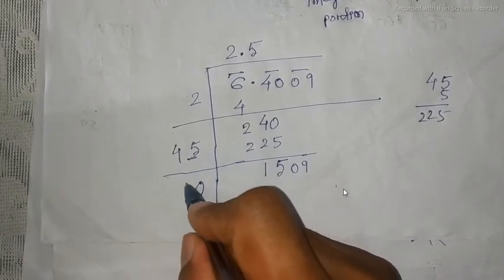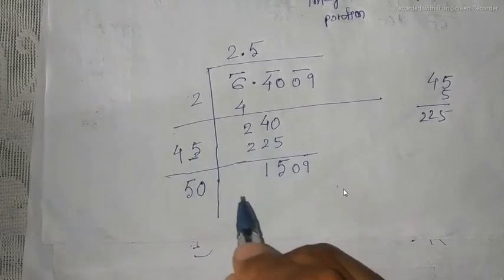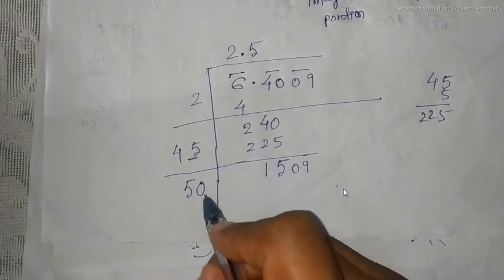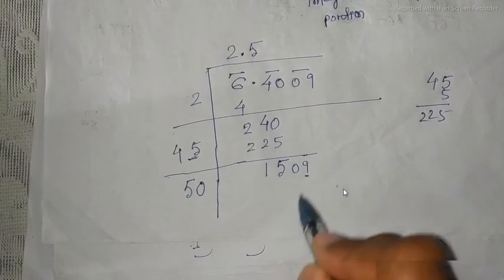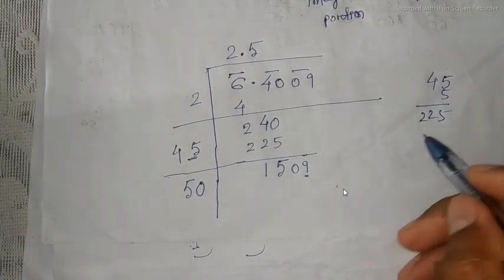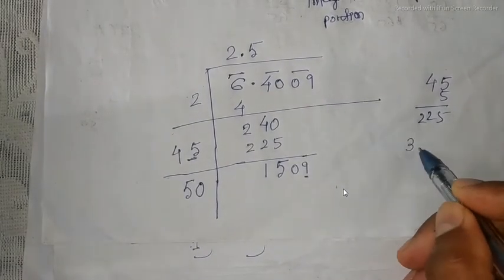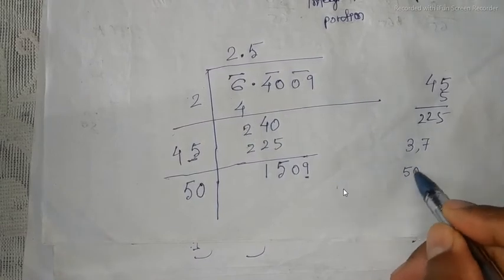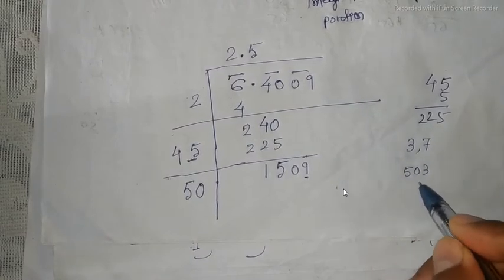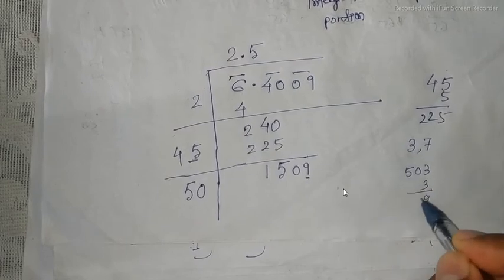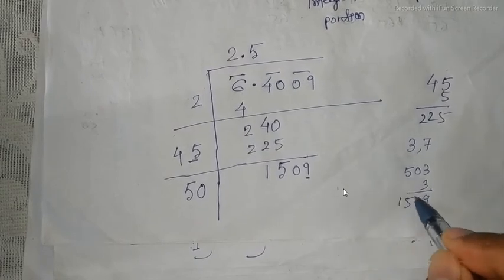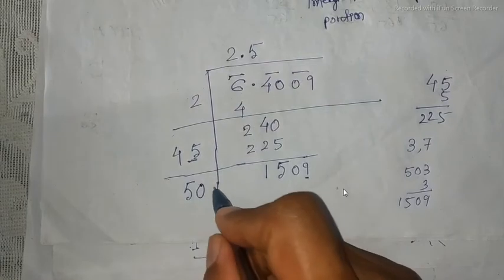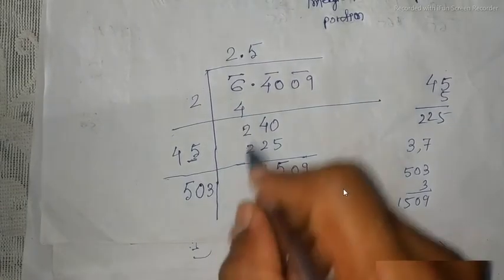So this becomes 4, 5. Since the unit digit here is 9, we will try only two numbers, that is 3 and 7. So let us try 3. 503 into 3. 3 3s are 9, 0, 15. Yes, it goes by 3. So 3 is a suitable number.